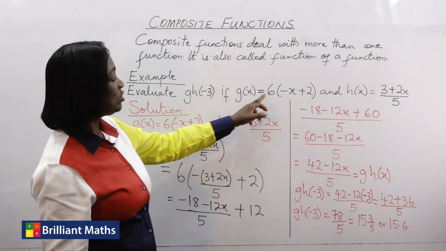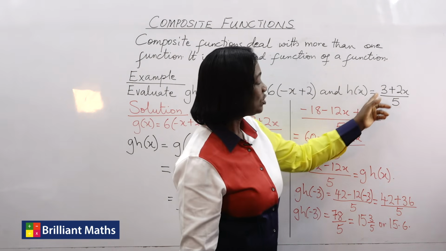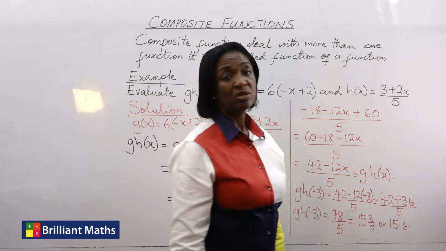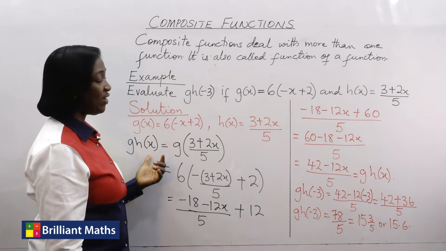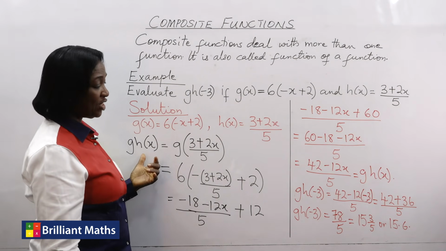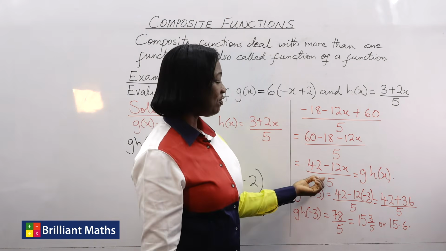of x is equal to 6 into minus x plus 2 and h of x is equal to 3 plus 2x over 5. So we evaluated gh of x and we found gh of x to be equal to 42 minus 12x over 5.